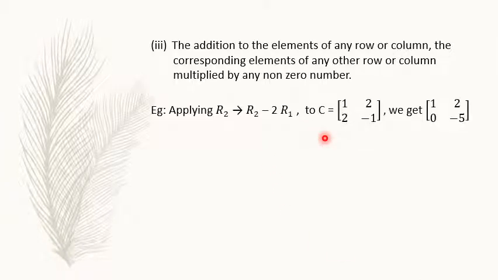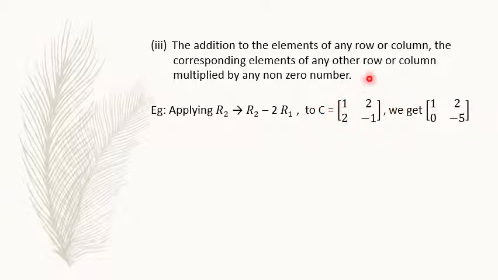Here is the third elementary operation. We can multiply a row or column with a non-zero number and add that row or column to any other row or column.